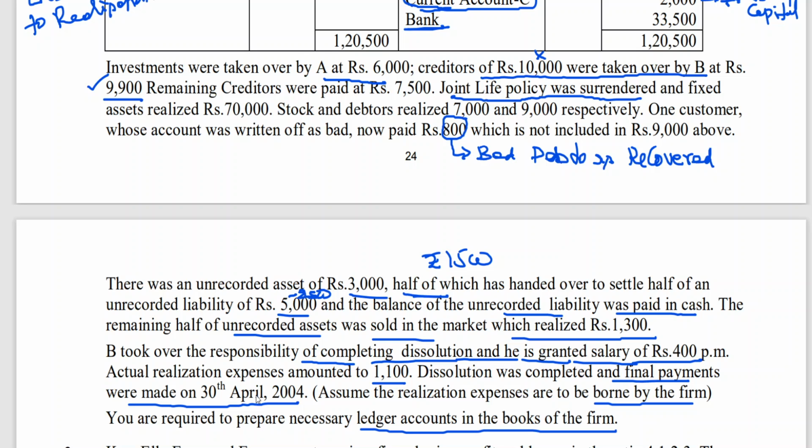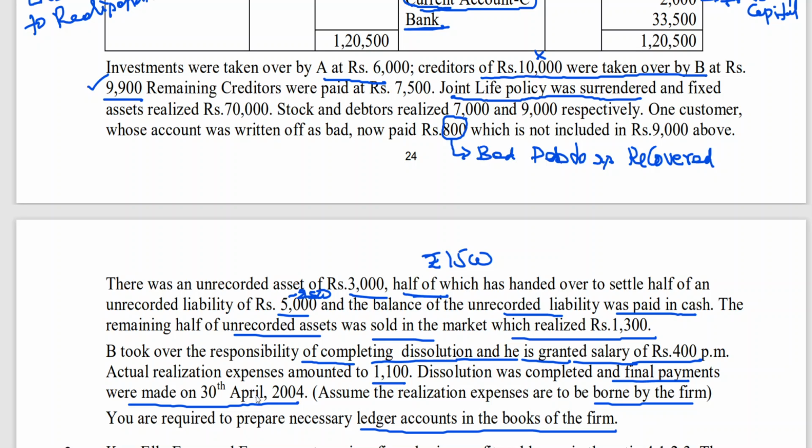Then you only disperse the cash. Realistically speaking, this is correct, because they took 4 months time to dissolve the firm. Now, please remember, this is the problem we are dealing with. Balance sheet 31st December 2003. Dissolution process has been completed 30th April 2004. So we are having a gap of 4 months.